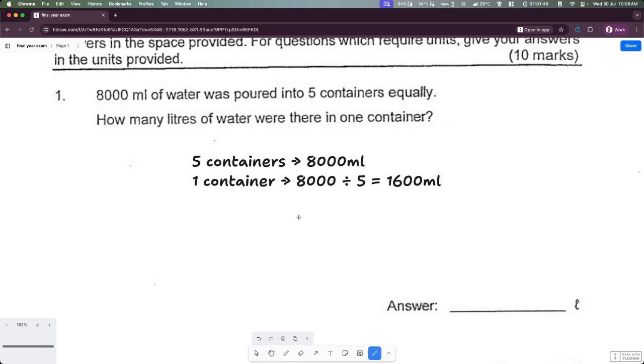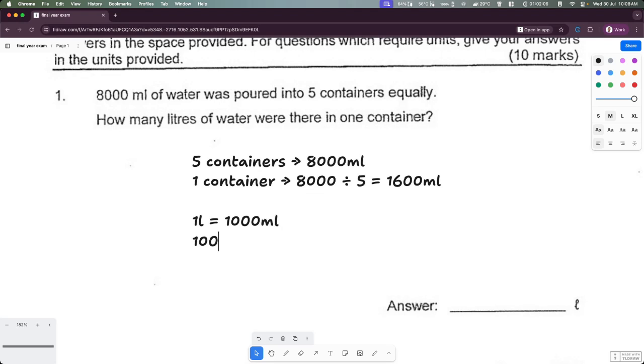But the question asked how many liters of water. So in this case, we need to convert. If we were to do a simple recap, 1 liter is equal to 1,000 milliliters. So 1,000 milliliters is equal to 1 liter, and we divide by 1,000 to get 1 liter.